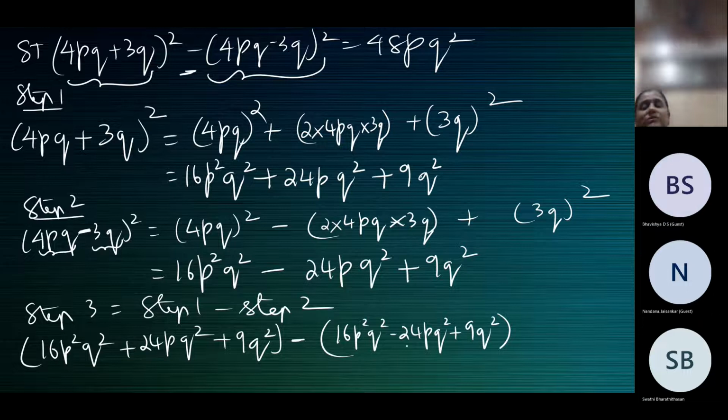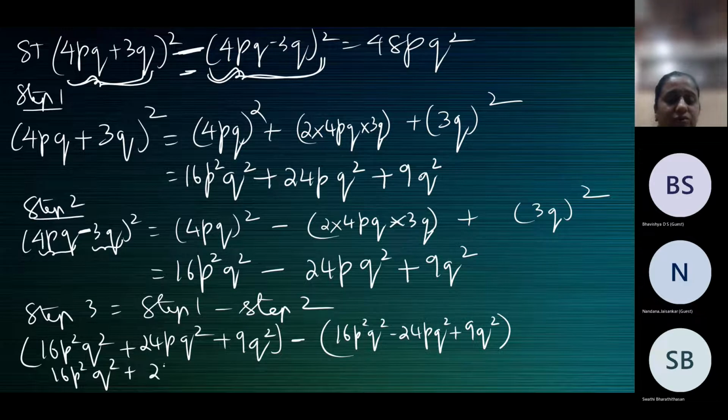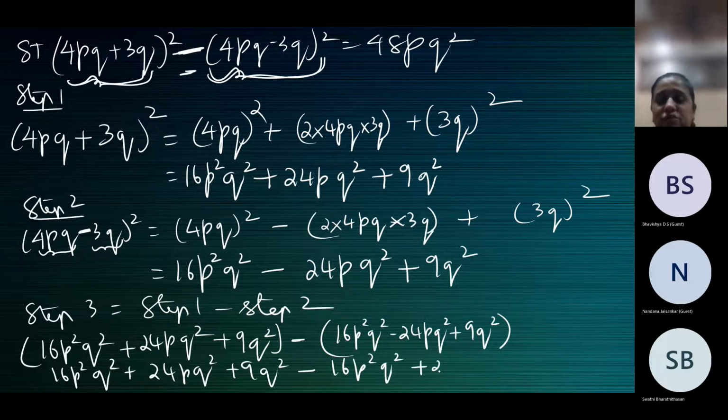Yes, Swati. Now see, we'll be distributing. We have written the answer we got in step 1. And why minus? Because it's this answer minus this answer. So now open the bracket. 16p square q square plus 24pq square plus 9q square minus 16p square q square plus 24pq square minus 9q square.